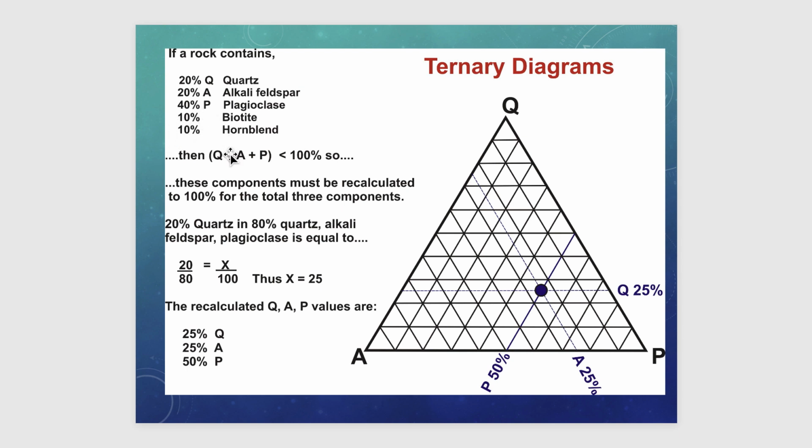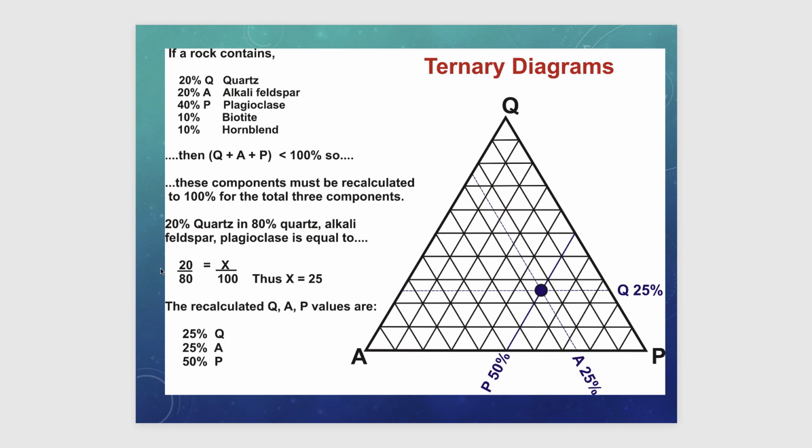So how do you correct this problem? Because you need to produce actually a diagram that has proper percentages here to plot correctly the sample. So quite often you have to use a ratio or a proportion that will essentially recalculate the values of these percentages for the three minerals of interest.